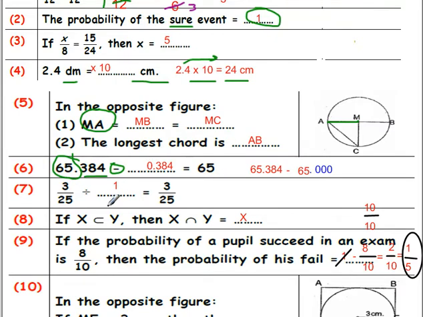If you don't know, make it like this. You remember far away minus in subtraction. Yes, if you have a subtraction problem and the numbers are far away and the space is between them, you can make subtraction between the first number and the last number. 65.384 minus 65, like this.